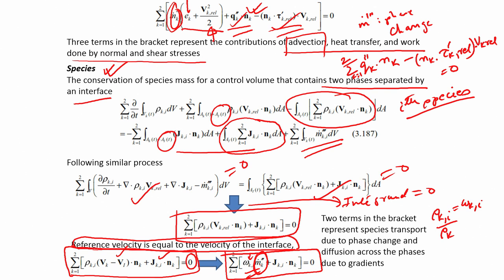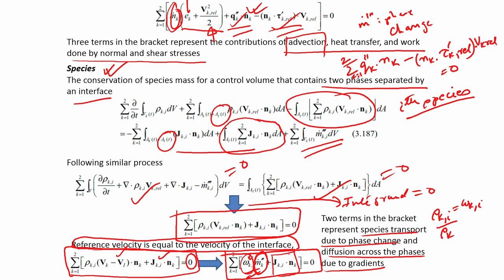Okay. And this is basically the mass fraction for that particular ith species, and summed over all the phases, and the corresponding flux of the ith species in the kth phase across the interface, this has to be equal to 0. Okay. So, the two terms in the bracket represent species transport due to phase change, this is the first term, and diffusion across the phases due to the gradients.